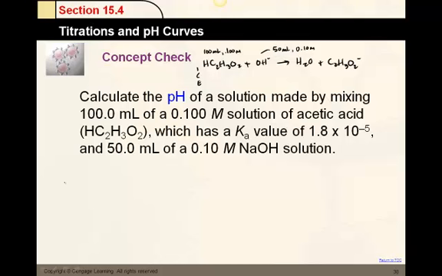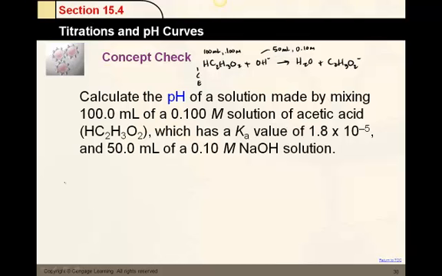So you might think, why don't I just put 0.1 down under the acetic acid and the OH negative ions? Because this is where things get a little exciting. When you mix these two solutions, their volumes change. And the volume in this case is 150 milliliters.